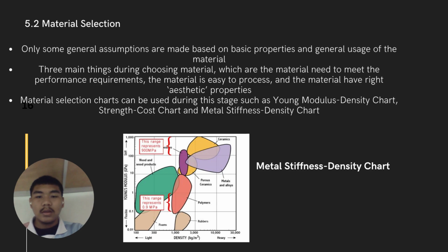Material selection charts can be used during this stage, such as the Young's Modulus Density Chart, Strength Cost Chart, and Metal Stiffness Density Chart. So, this is our metal stiffness density chart.